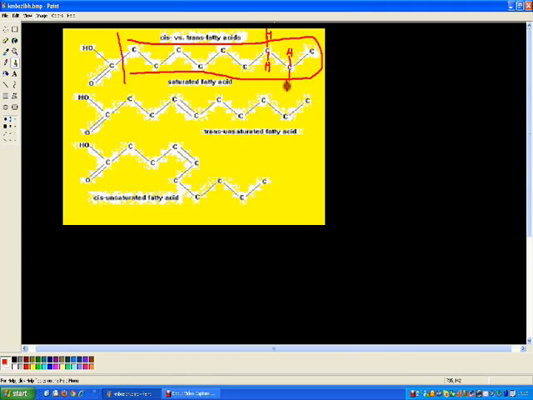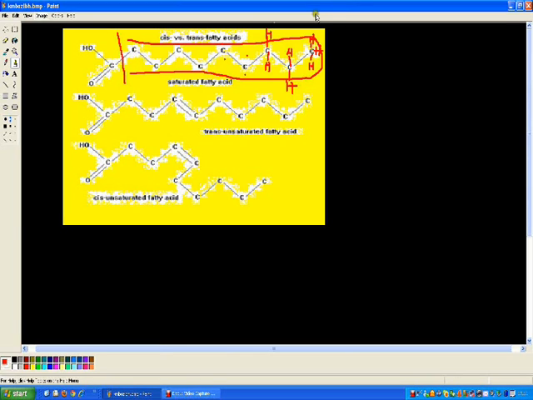And the last carbon is bonded to 3 hydrogens because it's not bonded to another carbon. All these bonds are single bonds. In this example, there are going to be other hydrogens here, here, here, here, and so on.